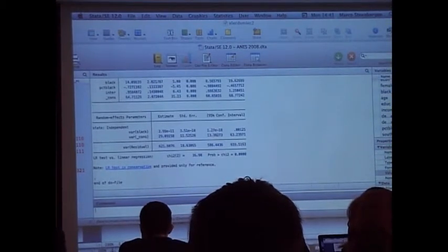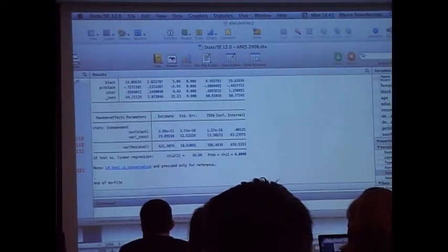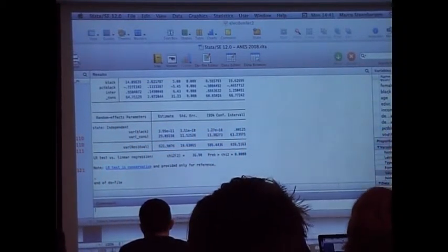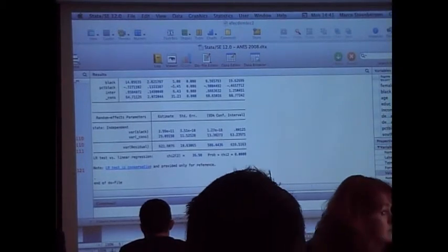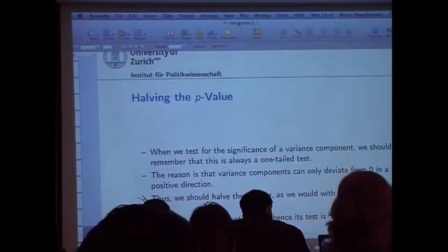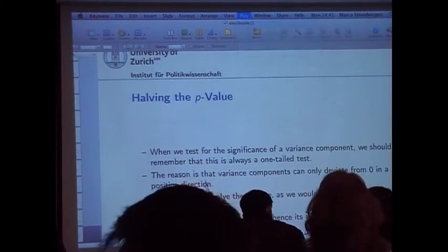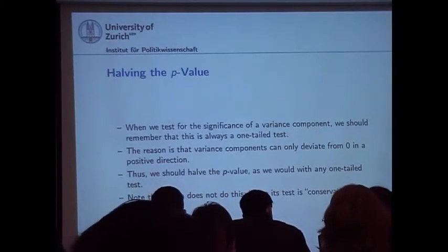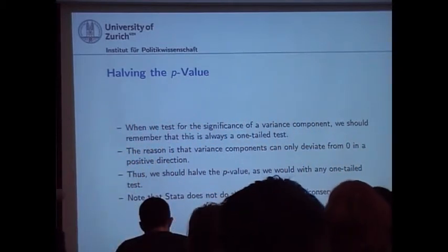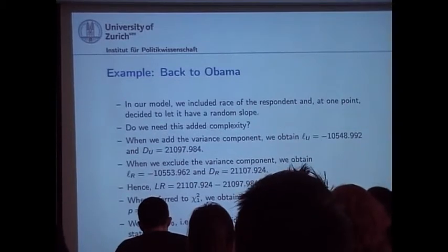And so then it sort of says, okay, let's treat everything as if it is two-sided and then compute the p-value. So that's what I actually also have on this slide, which says we should halve the p-value. So it doesn't do this. That's why the test is conservative.